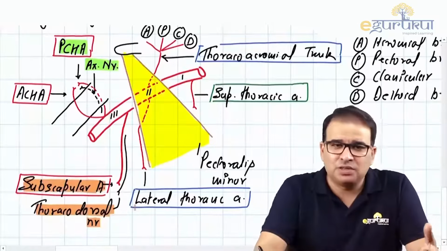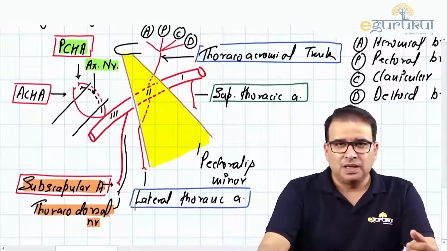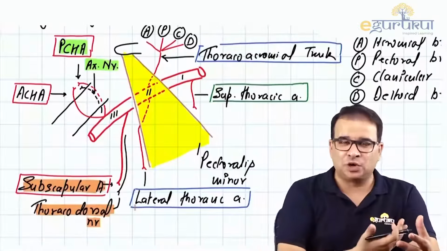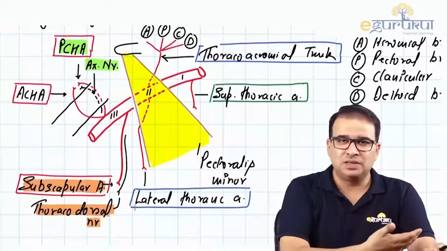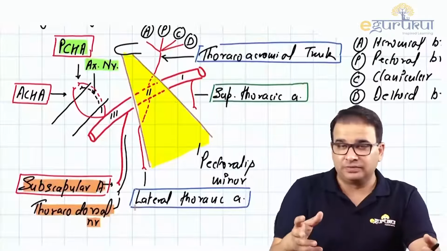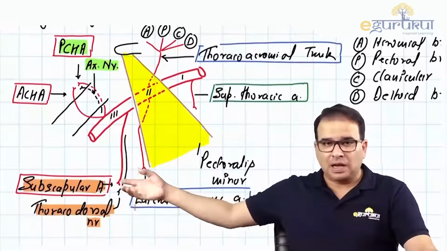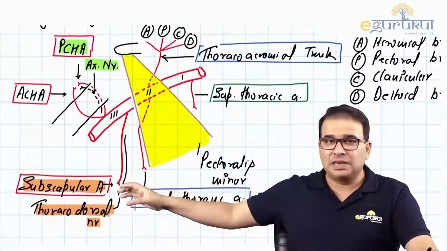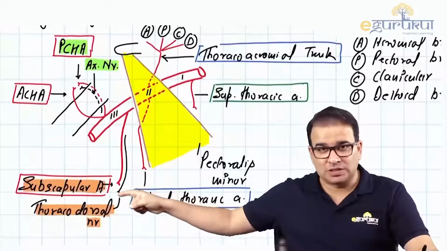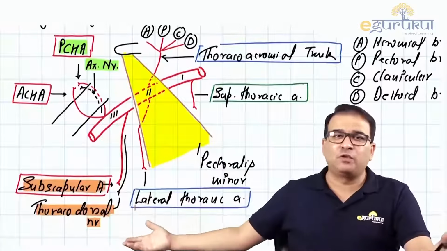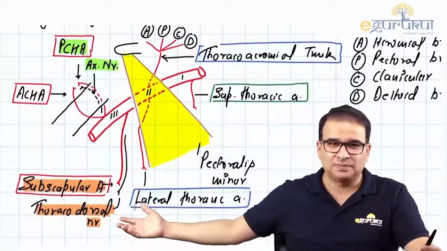It again is an important surgical relation here. In the flap transferring of the latissimus dorsi, when you take a flap of latissimus dorsi, you take it along with the artery and the nerve. And you can see both of them running together here. Subscapular artery, apart from supplying the subscapularis muscle, does supply latissimus dorsi. And thoracodorsal nerve, of course, supplies latissimus dorsi.